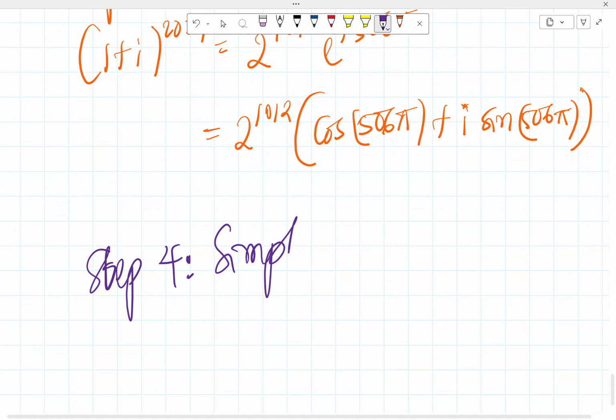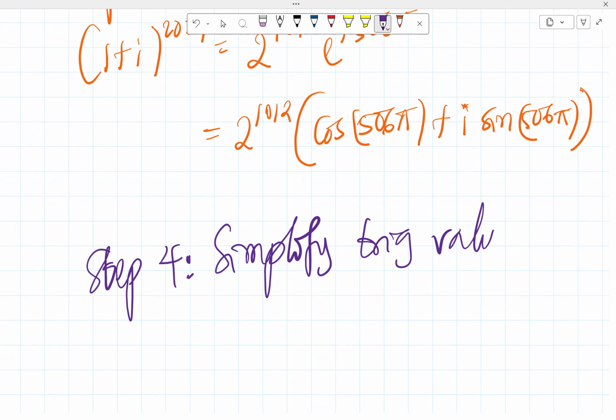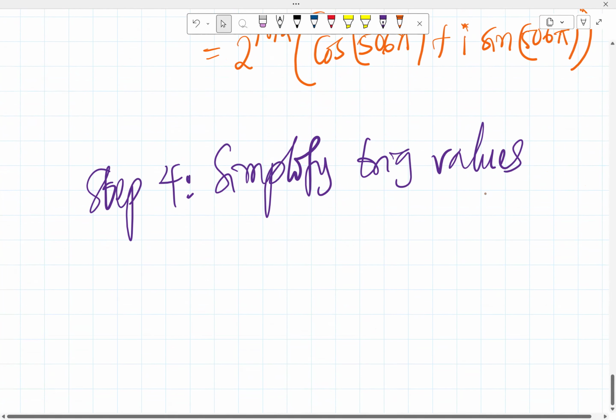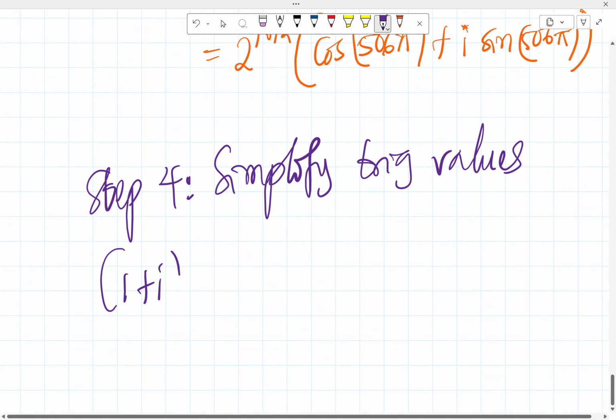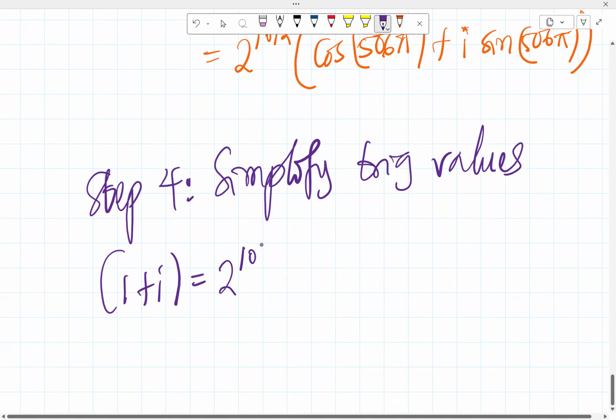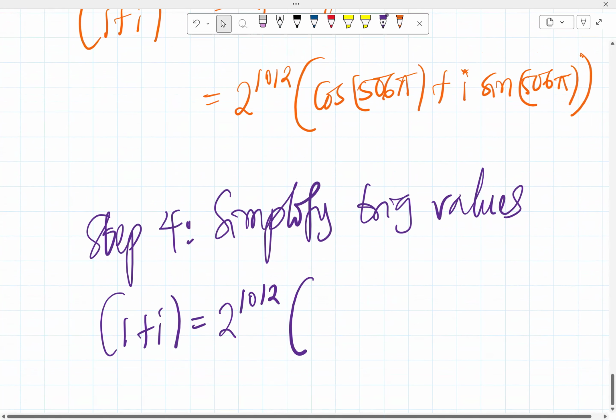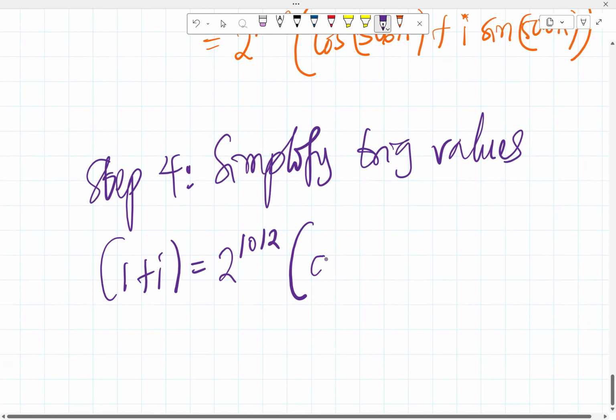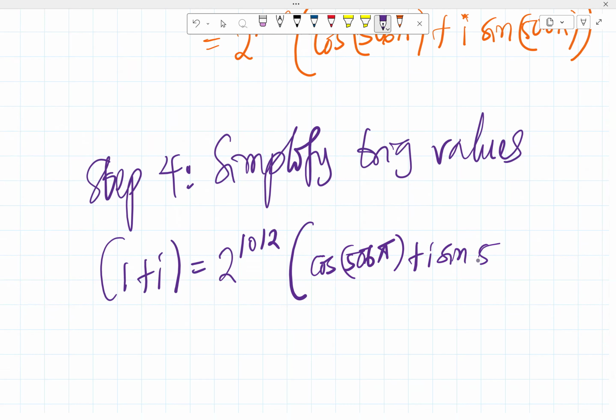Step 4, simplify trig values. So we know that (1 plus i)... this has been just being finicky, being too elaborate, but it's okay. So this is 2 raised to the power 1012, (cos 506 pi plus i sin 506 pi).